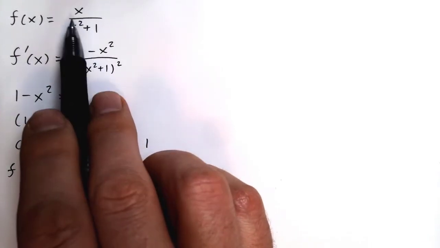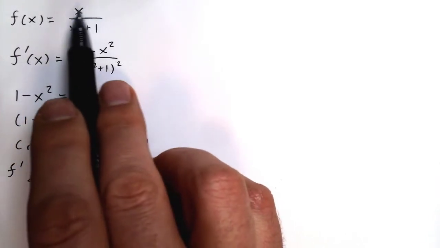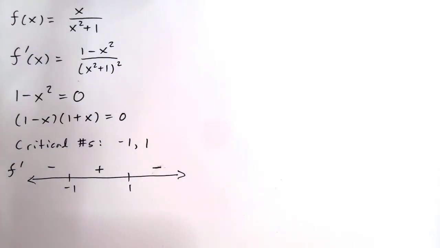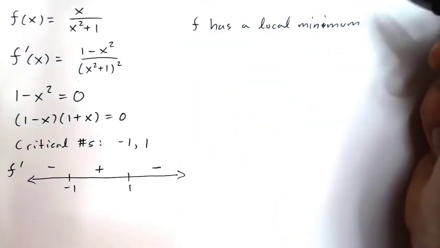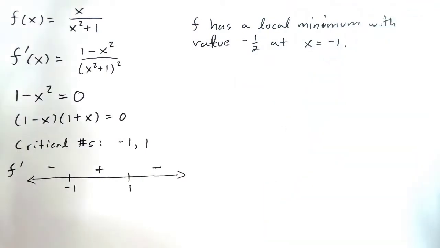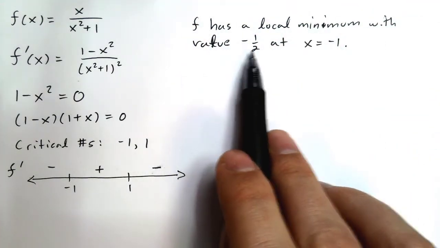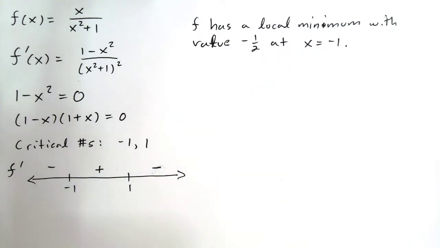And if you plug -1 into the original function, you get -1 over 2, it's -1/2. So the value of the minimum is -1/2. So f has a local minimum with value -1/2 at x equals -1.